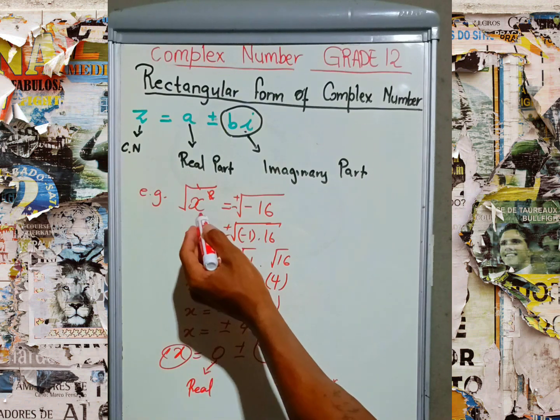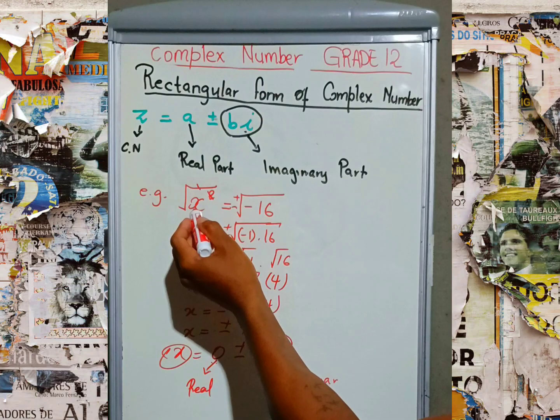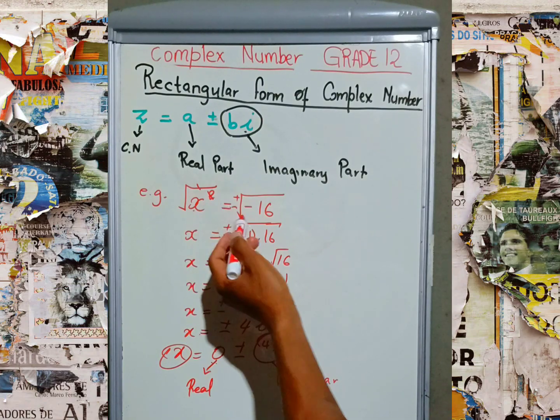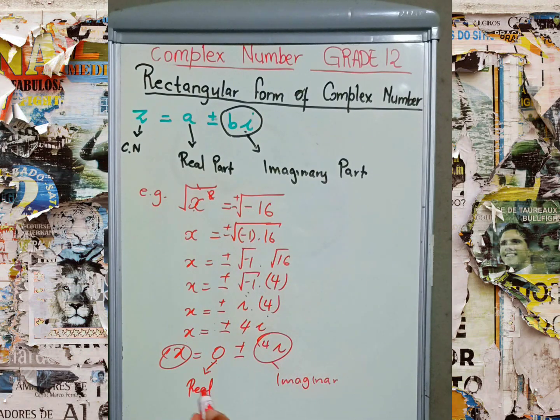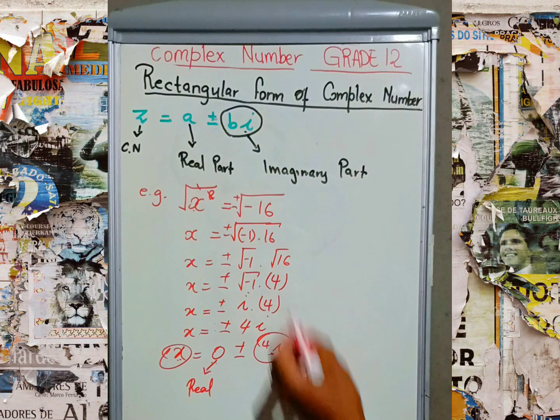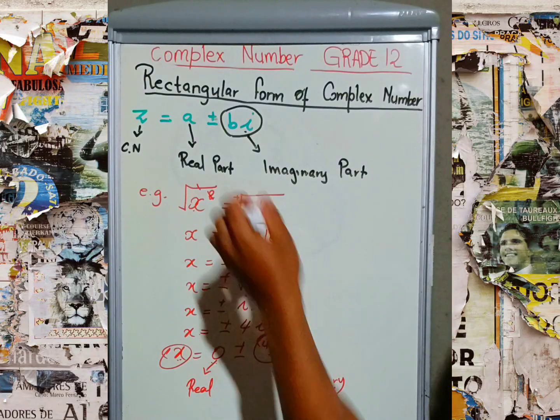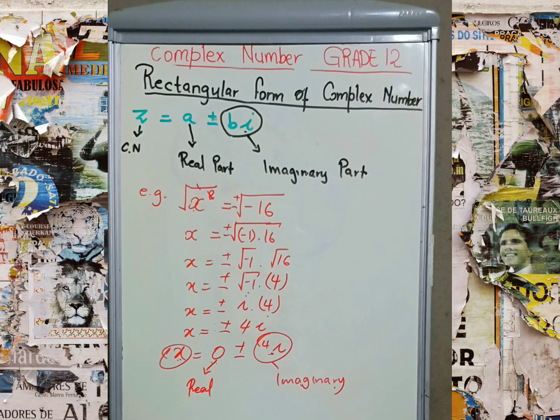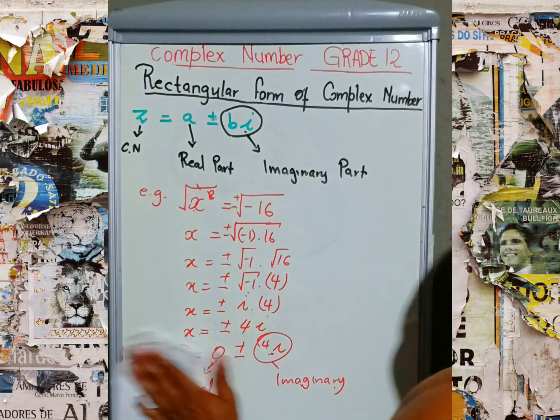As you see, we have x squared equals negative 16, and now z is a complex number because we have the imaginary number in our answer. This rectangular form comes from this equation. The answer is in the form of the rectangular form.